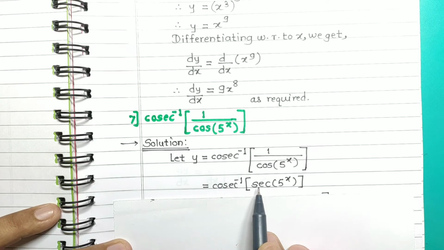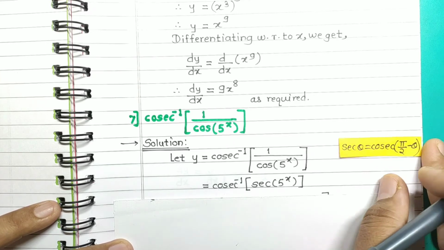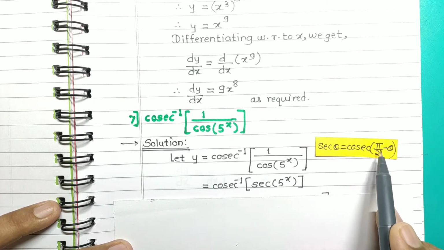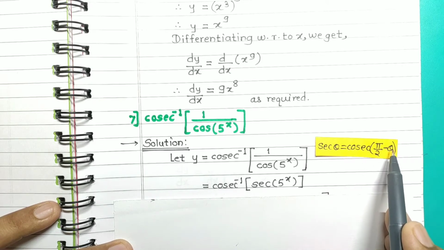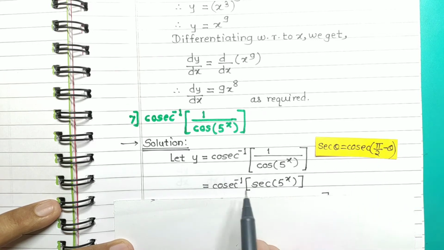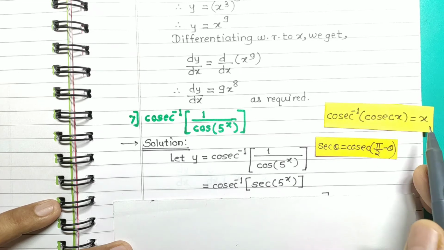And here again you note that we can write this sec term in terms of cosec using allied angles. See, we can write sec theta as cosec of pi by 2 minus theta. Why convert this sec to cosec? To get cosec here, so that cosec inverse of cosec will give us very simply x as it is.